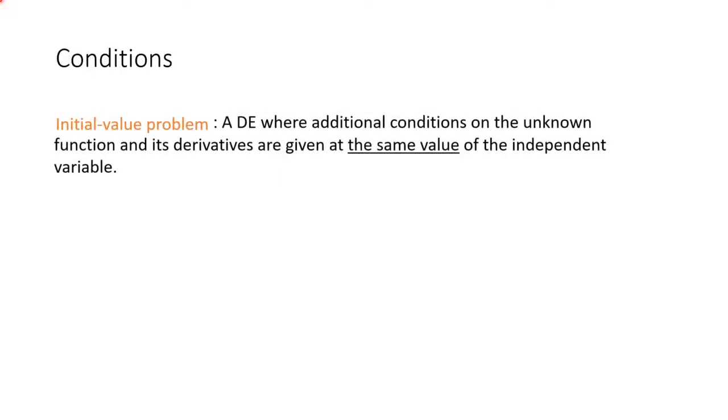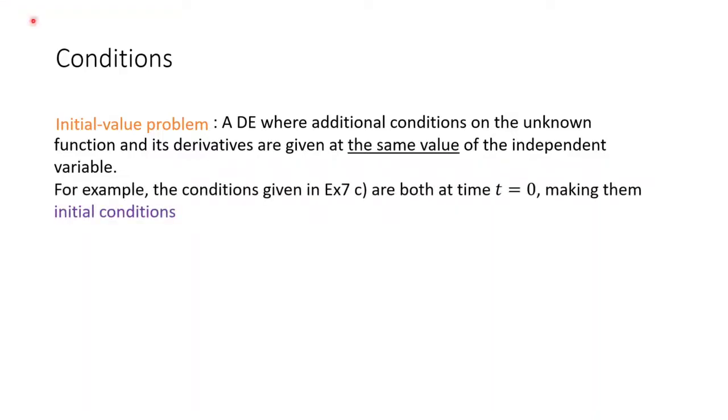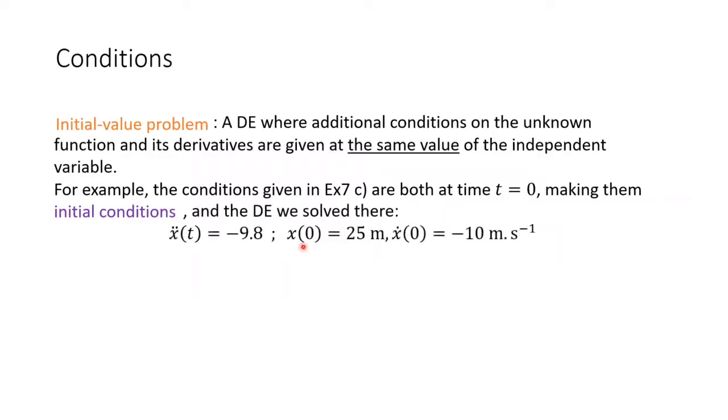Now, if the additional conditions are all at the same value of the independent variable, which usually means at the same time, if time is the independent variable, which it often is, then those conditions are called initial conditions. That's what we saw in exercise 7c, where we were told that initially it was 25 meters high and it was thrown downwards at 10 meters per second.